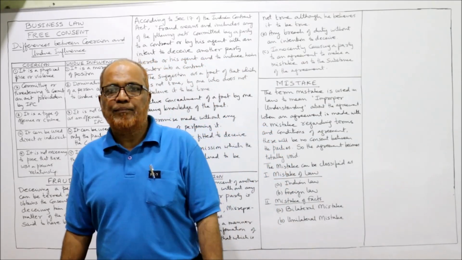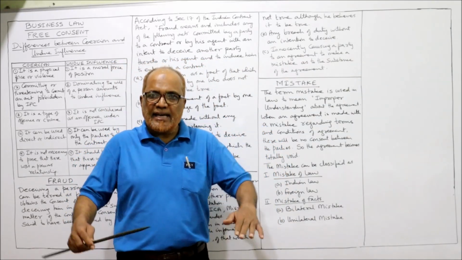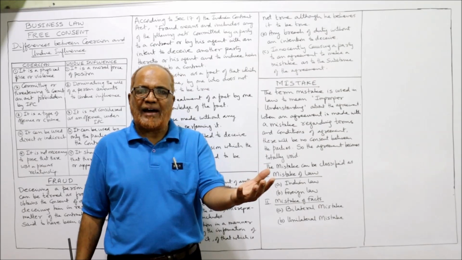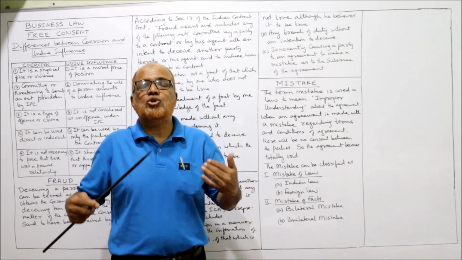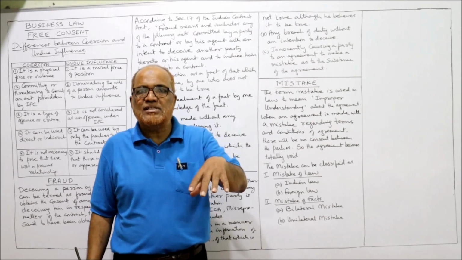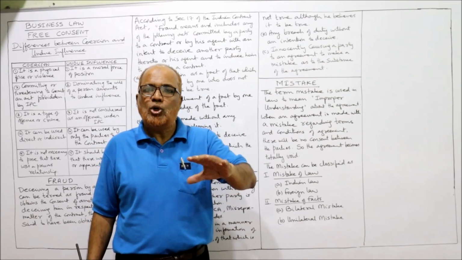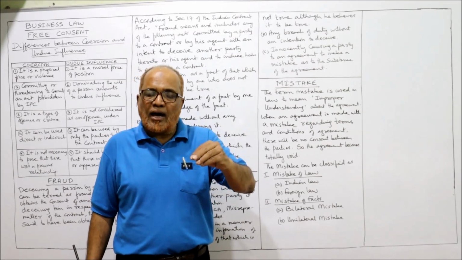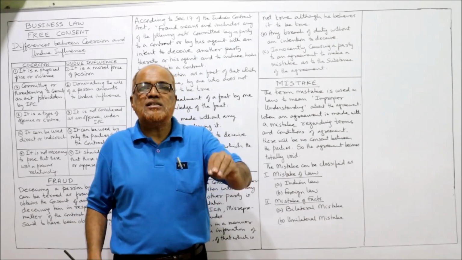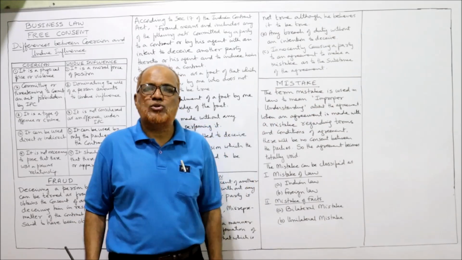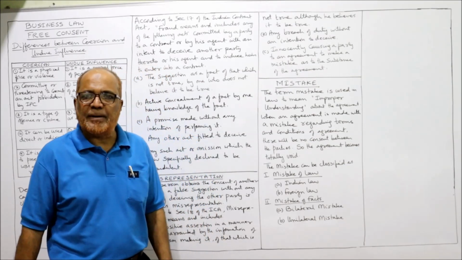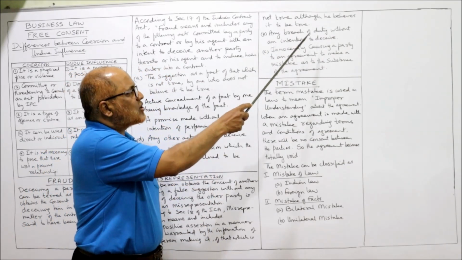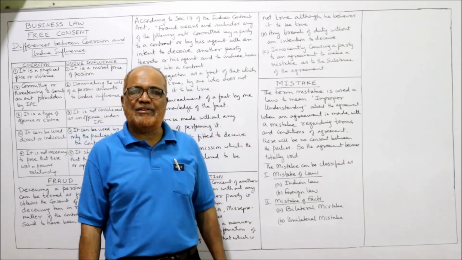Suppose Mr. A says to Mr. B that this is a fact. In reality, it is not true, but he believes it to be true. Not willingly, he has disclosed this fact to Mr. B so that Mr. B should enter into a contract. It is called misrepresentation.